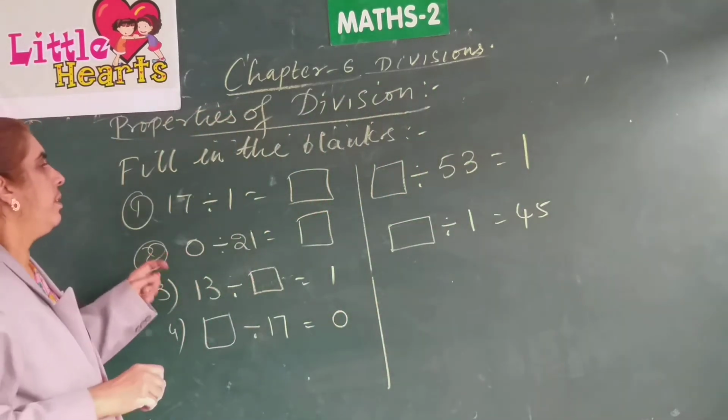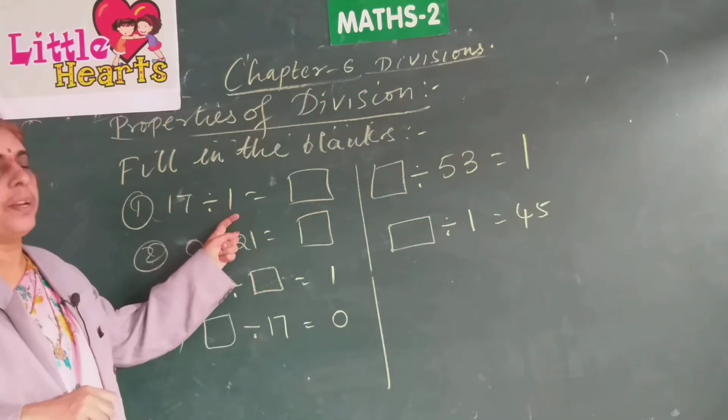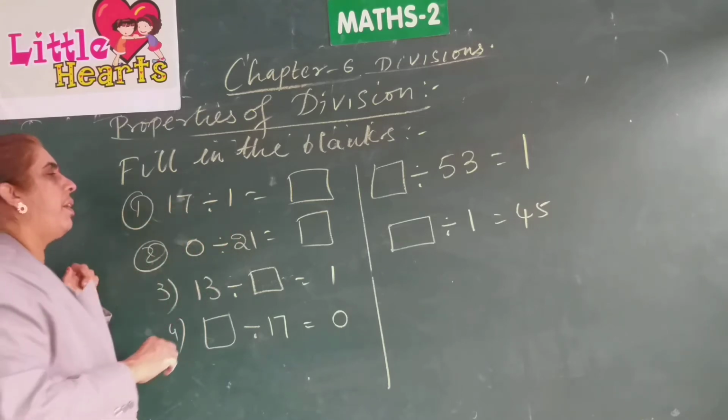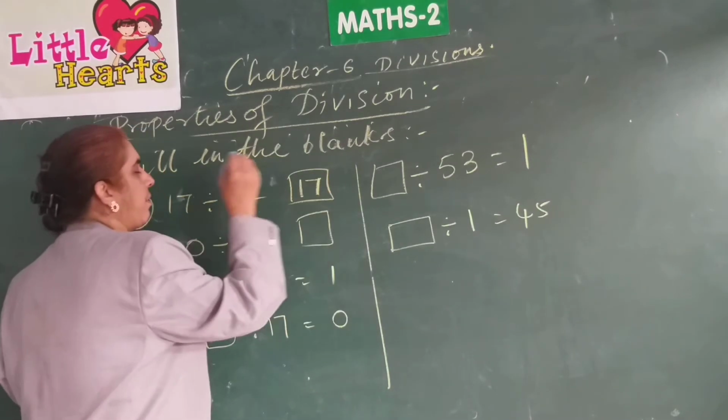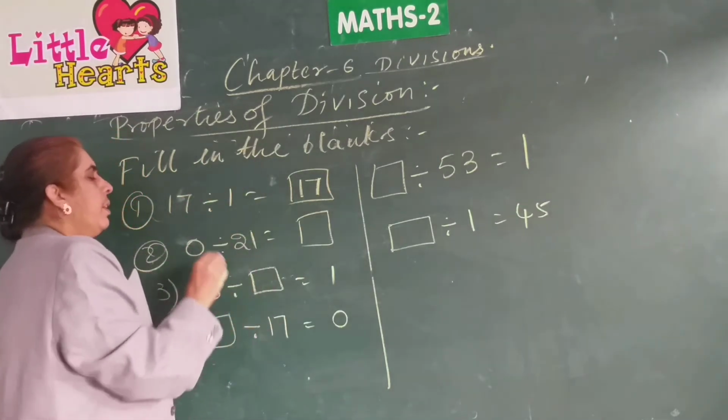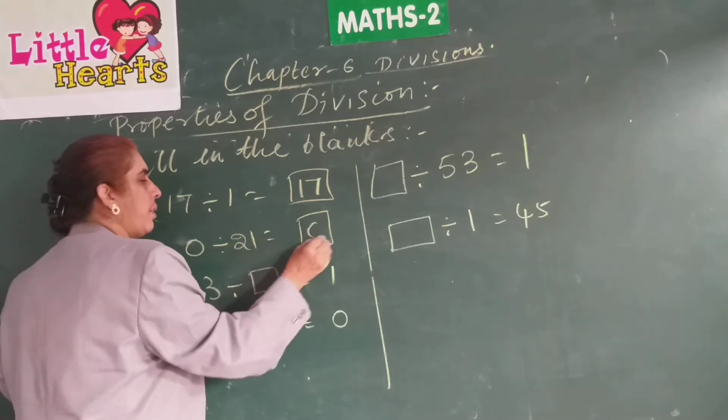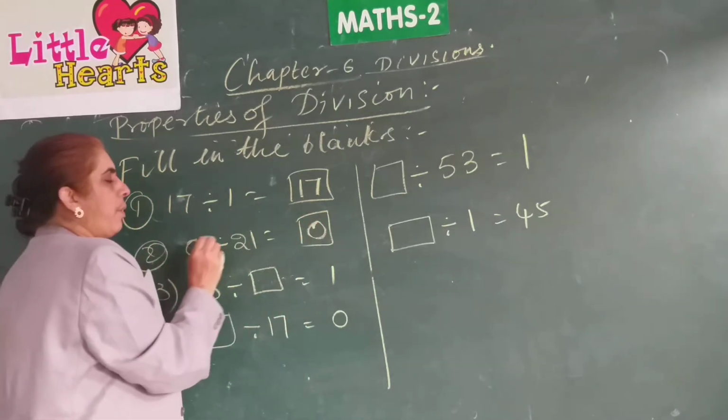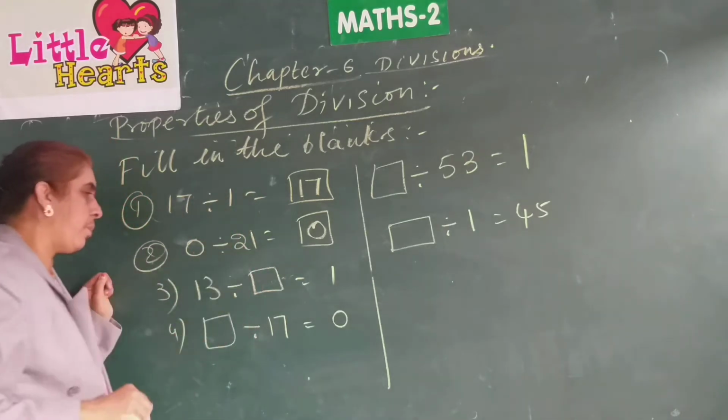So children, 17 divided by 1: any number divided by 1, the quotient becomes the number itself. 0 divided by 21 is equal to 0. 0 divided by any number, the quotient is 0.